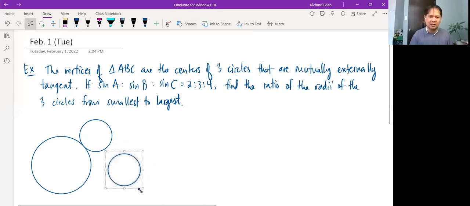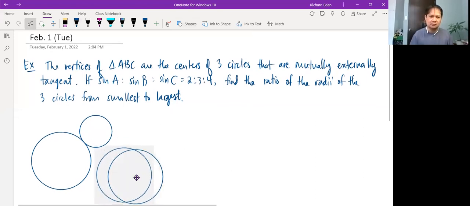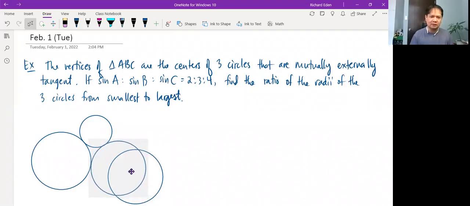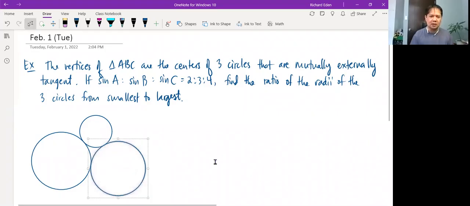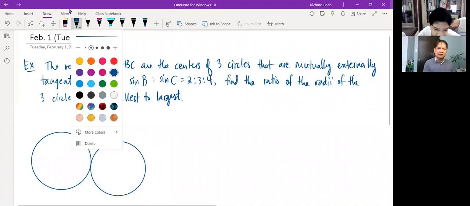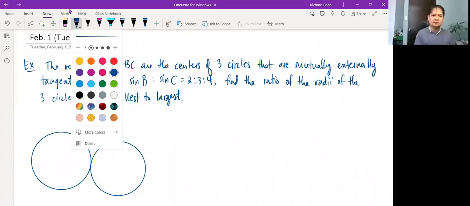Then we can just extend it. Okay, perfect. Okay, that's fun. All right, so we have the centers.